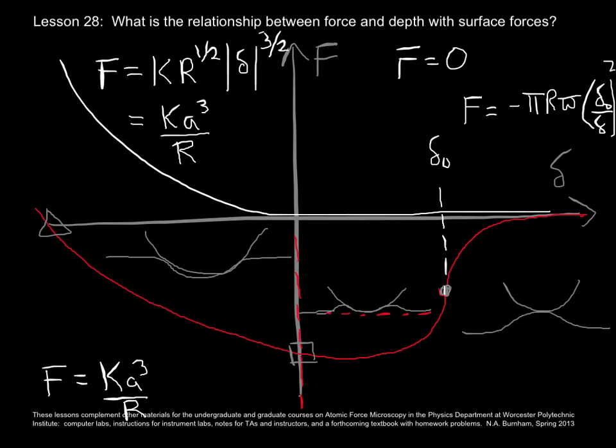Once you're to the left of contact, then you would still have this amount of attractive force, which is minus pi tip radius work of adhesion.